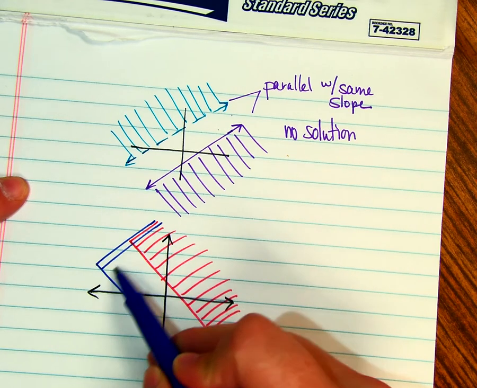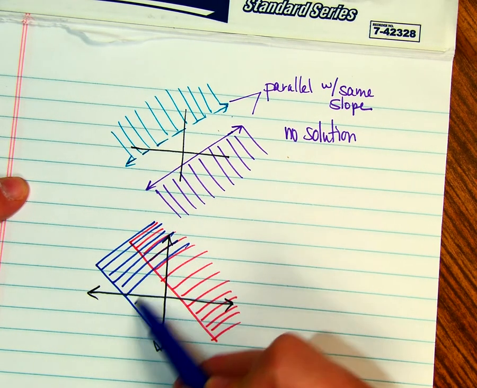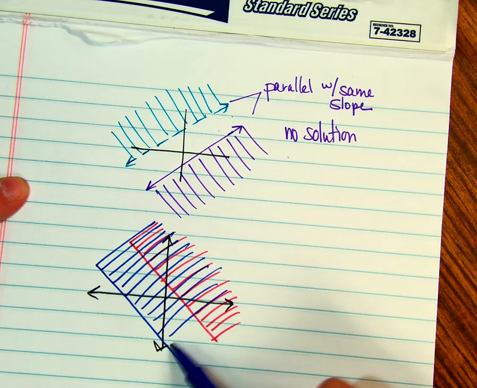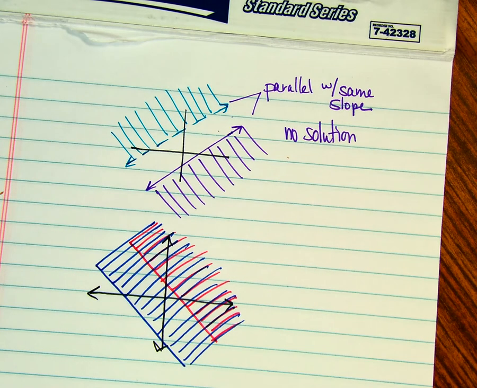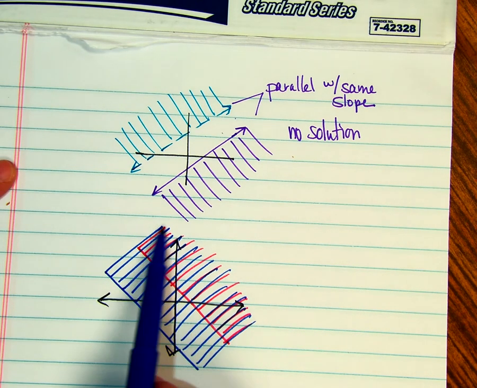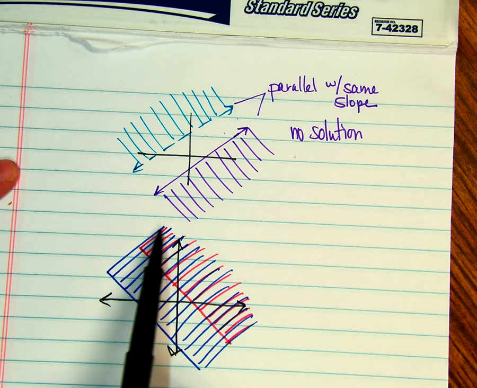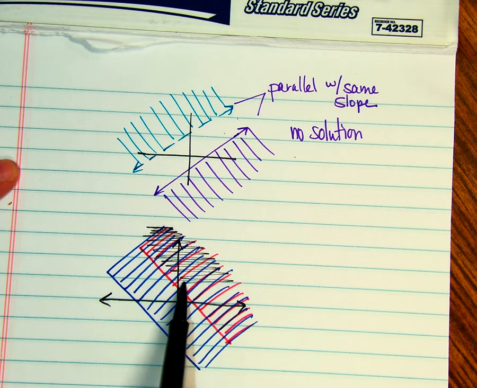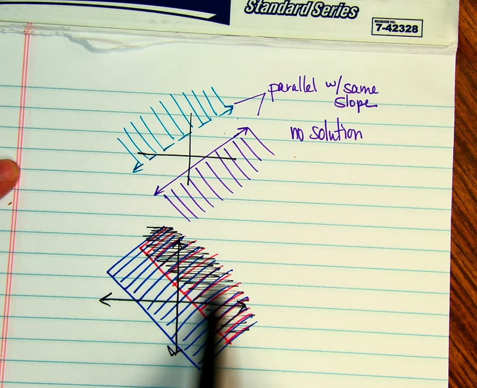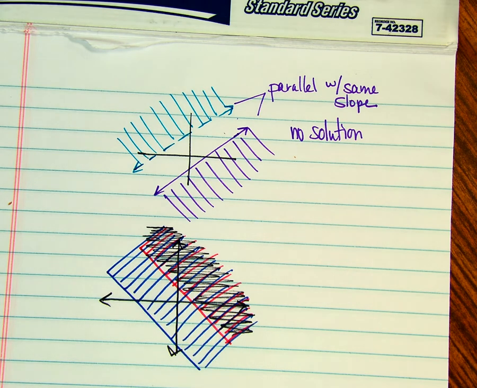And it is zipping through here. The area of overlap would be where you see both the blue and the red. So that one just looks a little bit different. Okay?